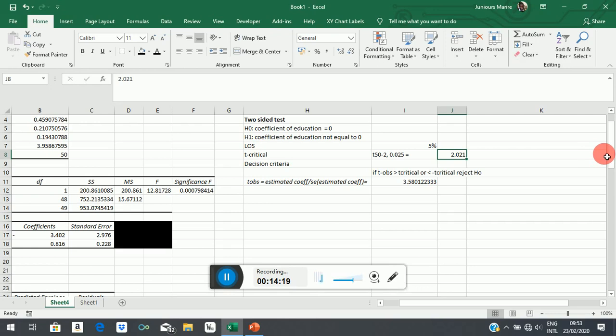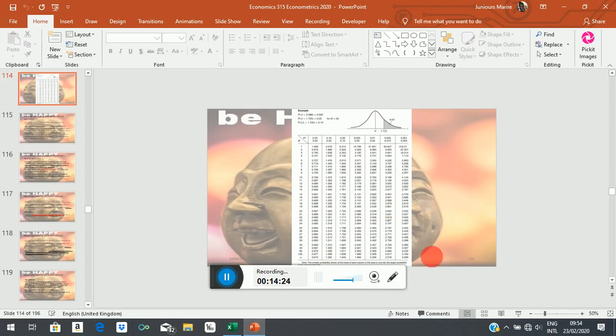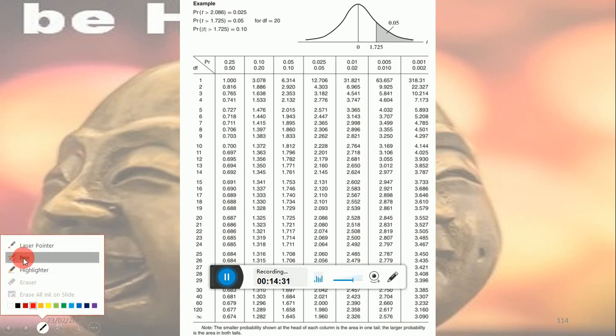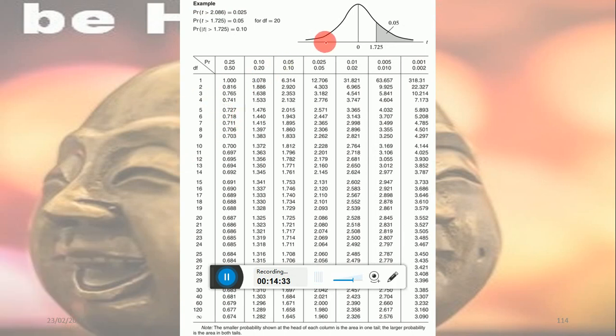Okay, so if you look at 3.58, where is it? Would you say that it is bigger or smaller than the critical values? So here, this is your 2.021, and this is your 2.021.